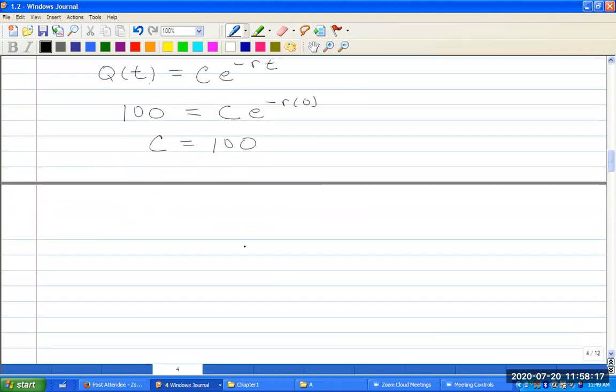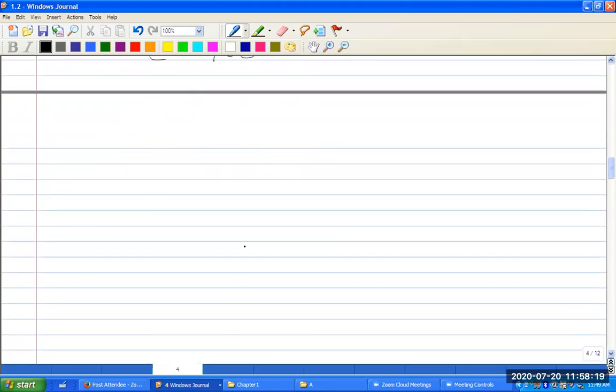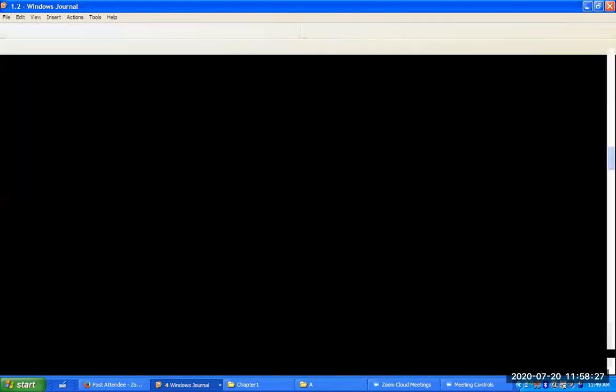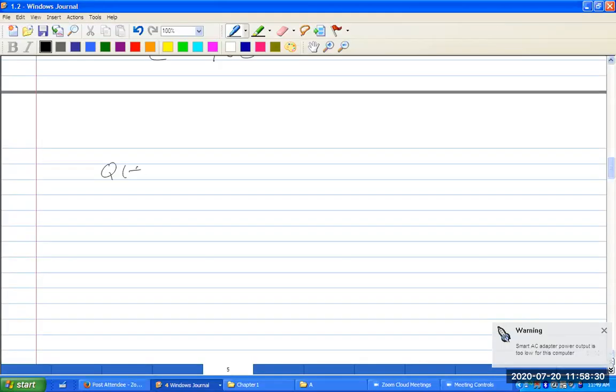And so from there I have that Q of t is equal to 100 e to the minus rt, where time is given in days.